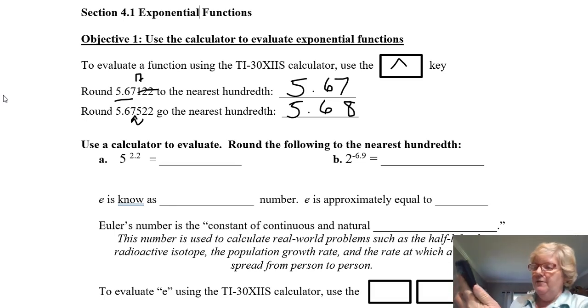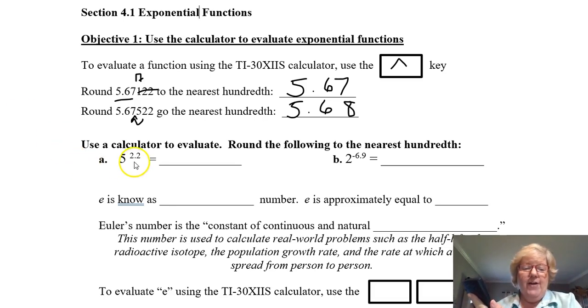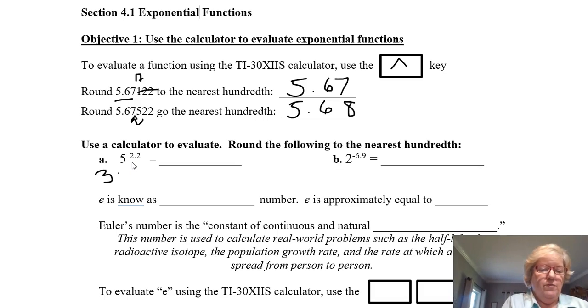Get out your scientific calculator and go ahead and calculate 5 raised to the exponent 2.2. I get 34.4932415.